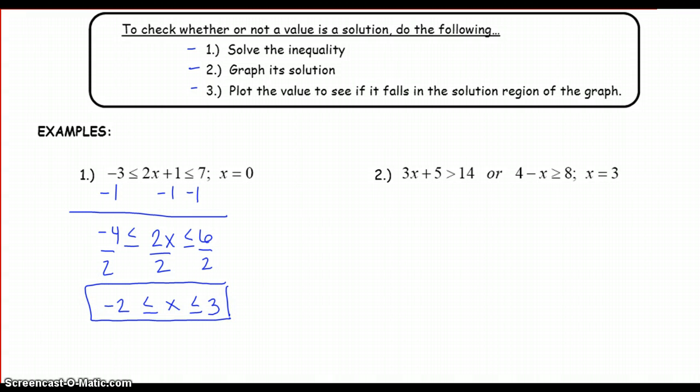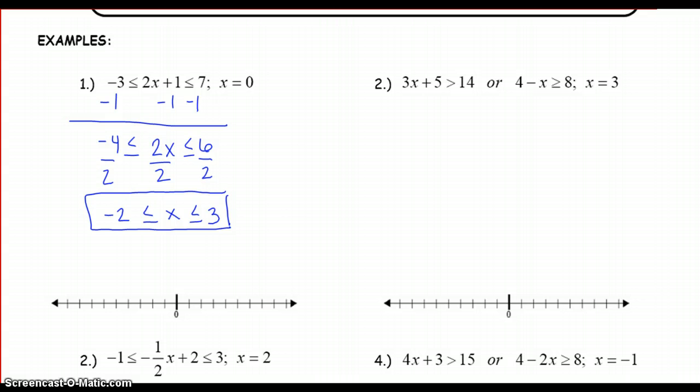This is an AND inequality, and we're going to go ahead and graph it. At negative 2, we have a closed dot. And at 3, we have a closed dot. And we want to plot all the answers in between.